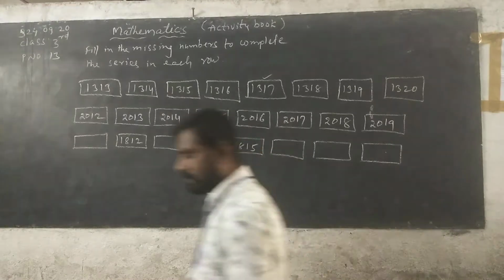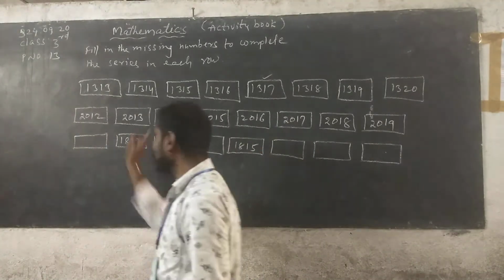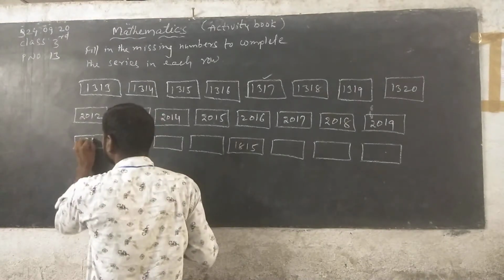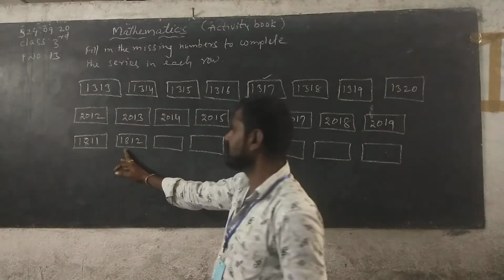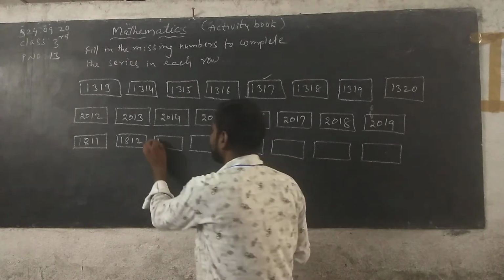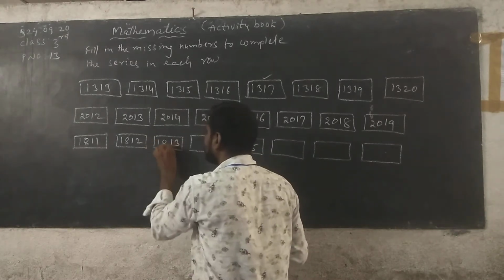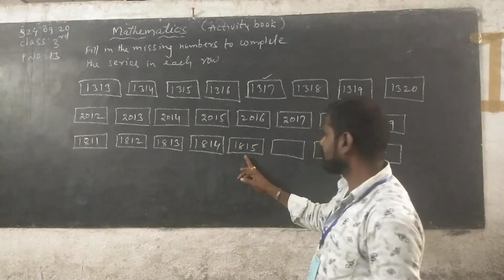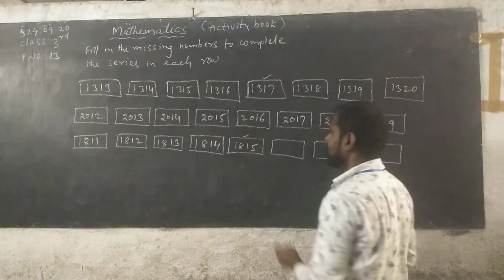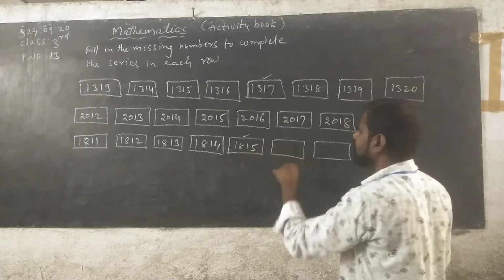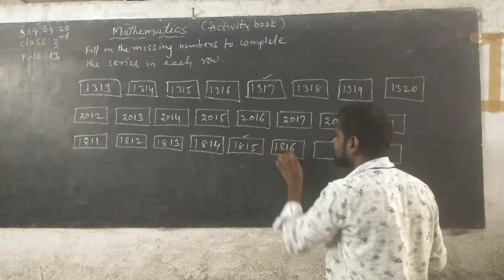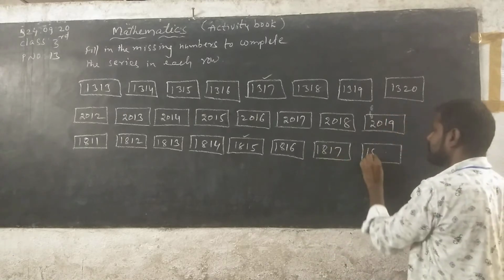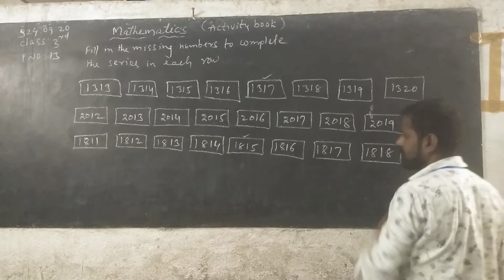See here, 1812 before number is 1811, next 1812 after 1813, next 1814, next 1815 given, next 1815 after 1816, next 1817, next 1818.